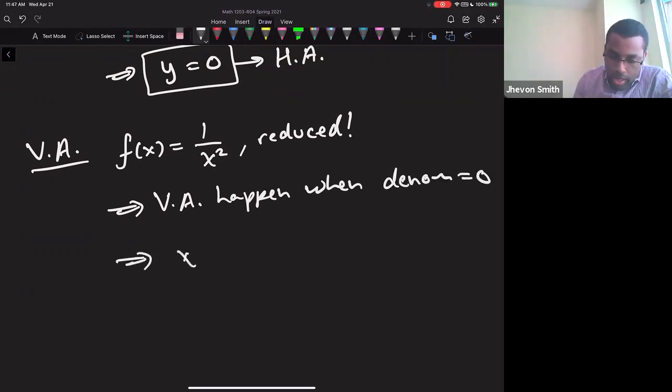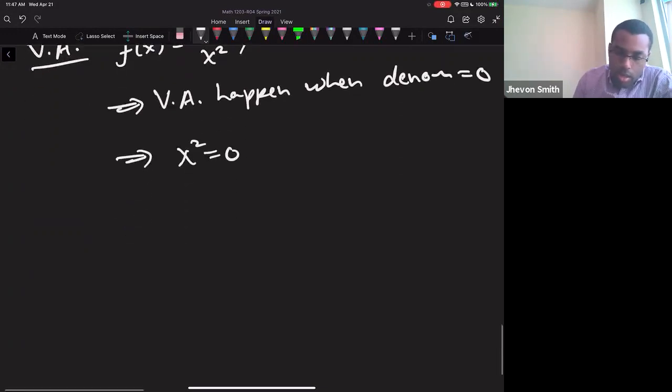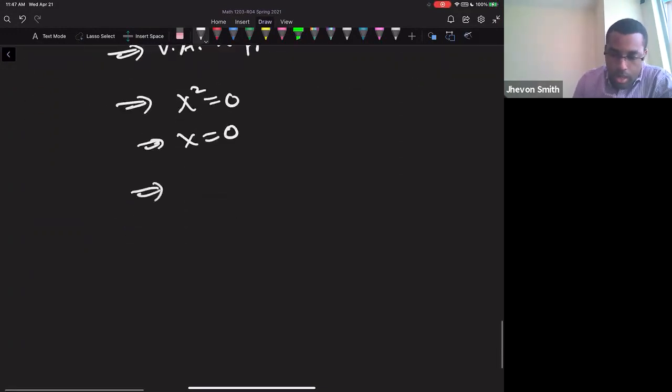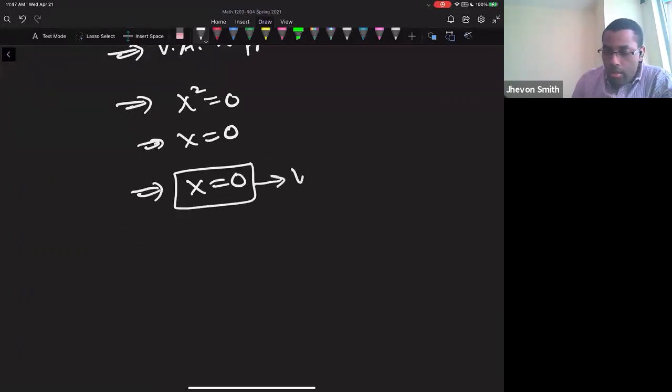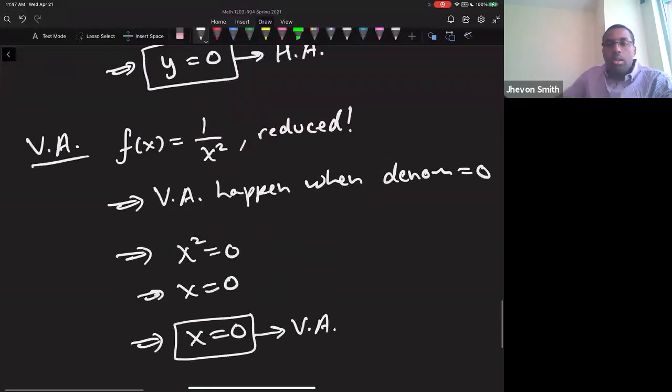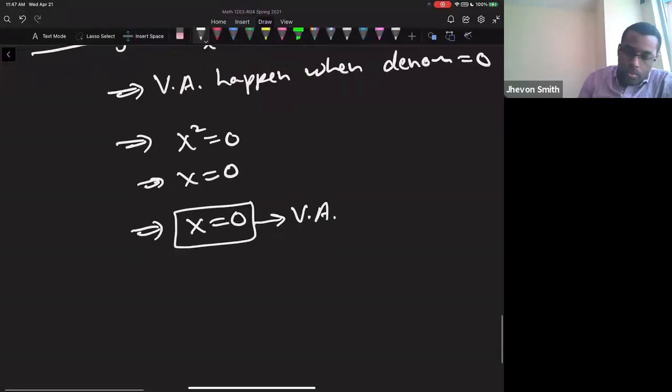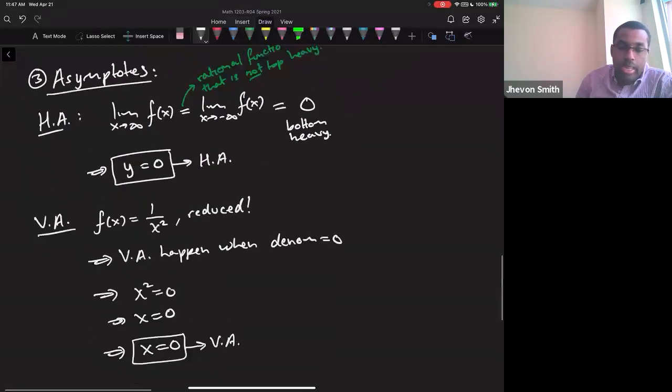So this means that x squared equals 0, which means that x equals 0. And so that means x equals 0, that's the equation of a line, is the vertical asymptote. Okay, so just set the denominator equals 0. That was step 3, finding the asymptotes.